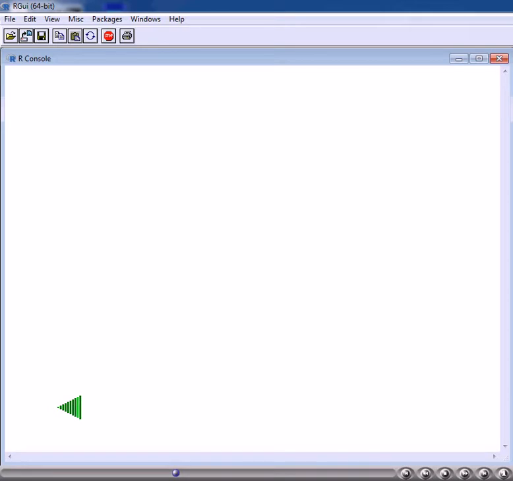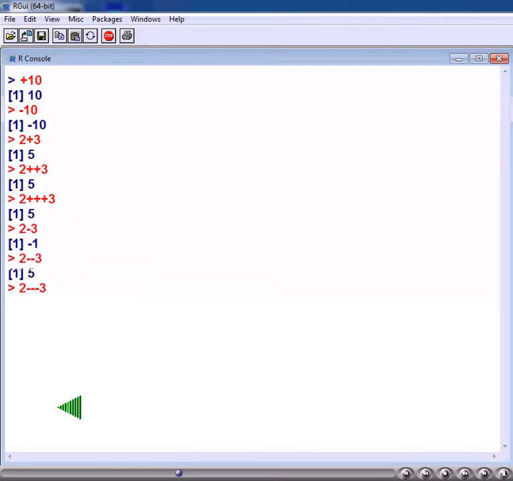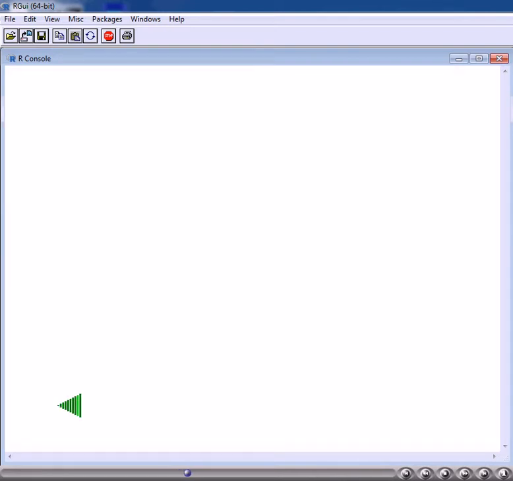Those people who want to raise something to the power of something should use this operator. However, if we try to use 2 into 3 in the wrong form, this is not a valid statement.